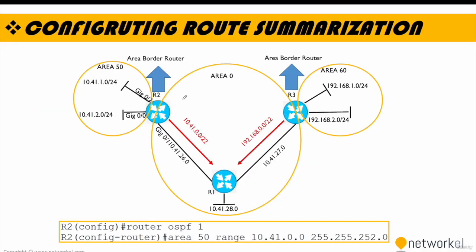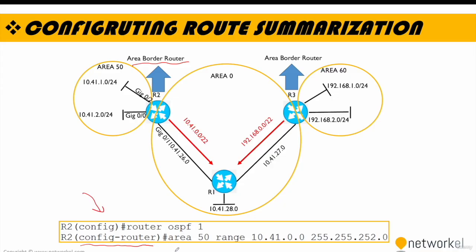So here I am configuring the route summarization. Remember, in OSPF multi-area design, only the ABR or ASBR is capable of route summarization. So for the example, we will have a look at router 2 again. First of all, in config mode, I'm typing router ospf 1 and going to the config router mode.